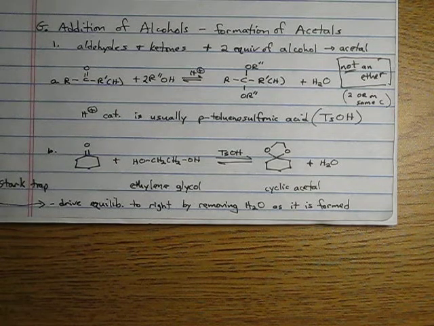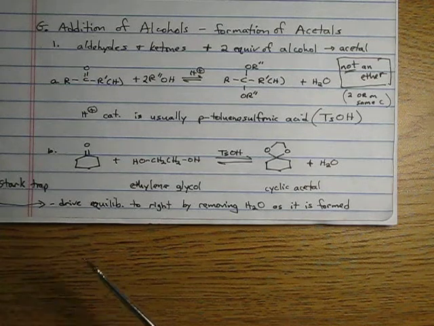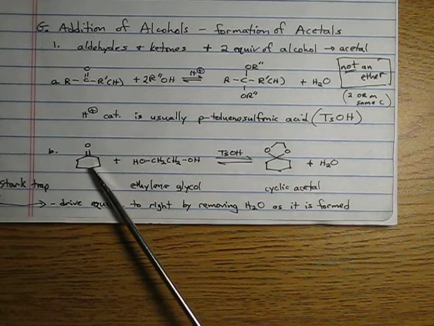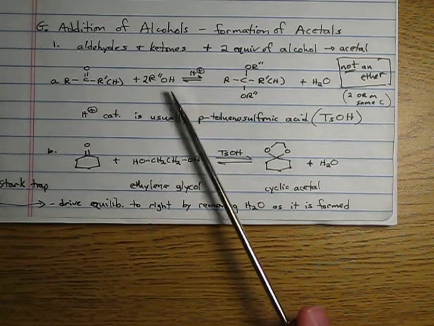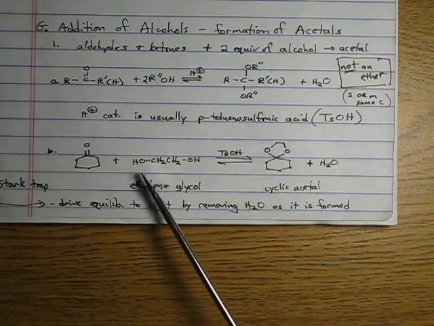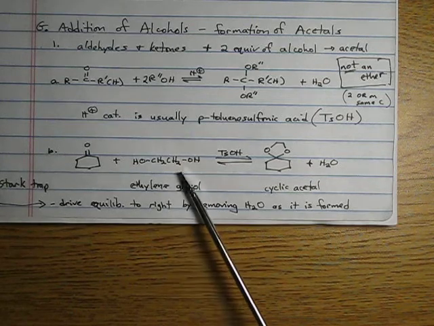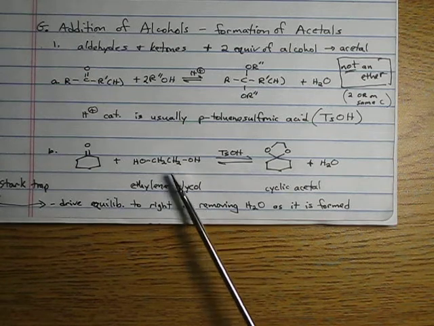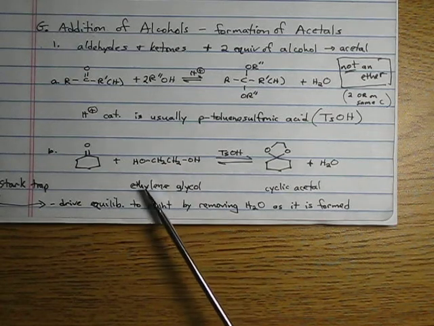So check this out. We'll come back to this in the future. If you take this ketone here, cyclohexanone, and normally we'd add two equivalents of our alcohol, but what if our two equivalents of alcohol were connected? Here's our first equivalent of OH of our alcohols. Here's our second alcohol, but they happen to be connected here.